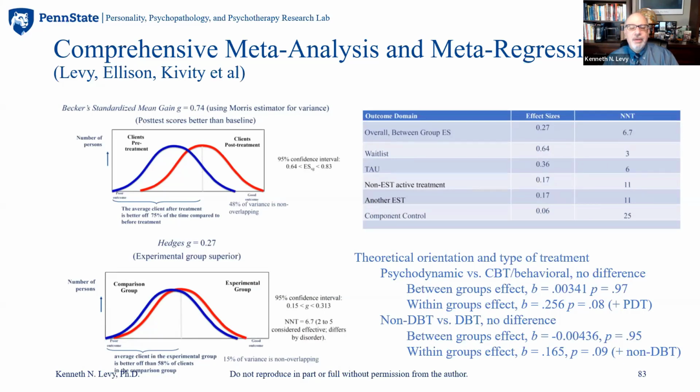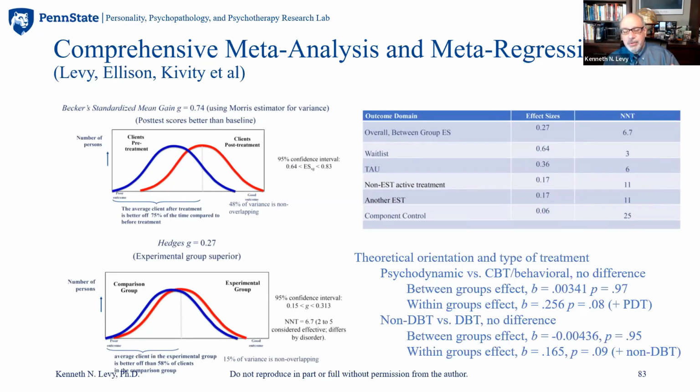We looked at several moderators, and most of them did not come out, but one moderator that did was the level of control. You can see on the right-hand side at the top that the number needed to be treated overall was 6.7.